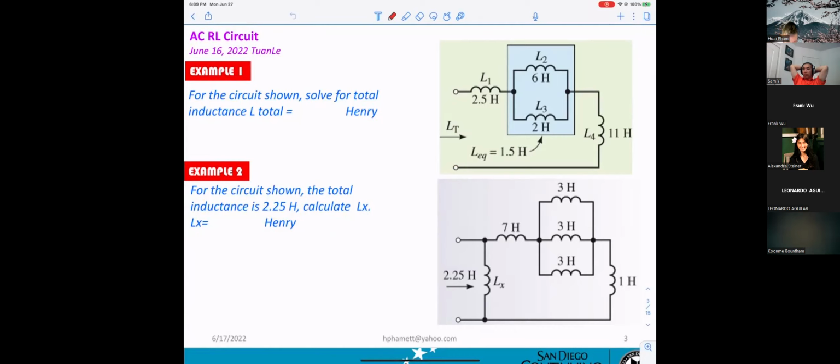What did you get, how many Henrys? 15 Henrys? Yes. Anyone get the same, 15 Henry? Yes, it's 15 Henry.